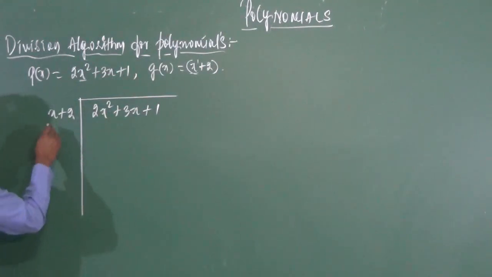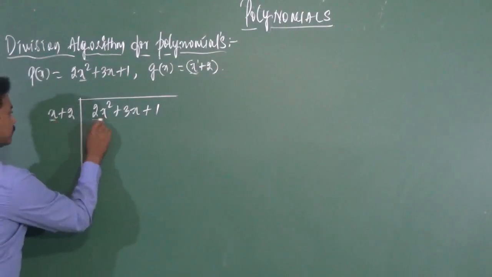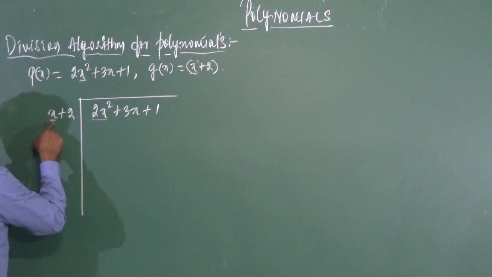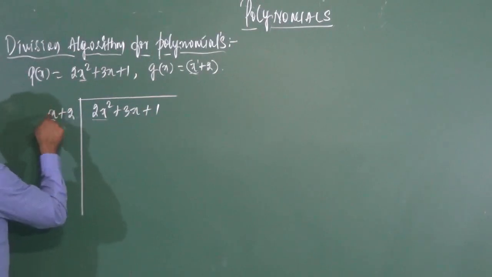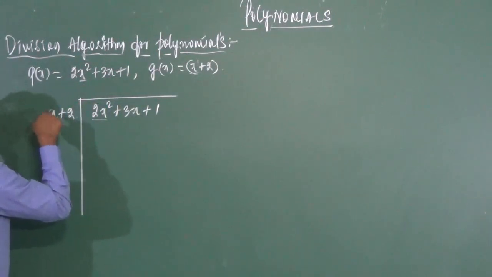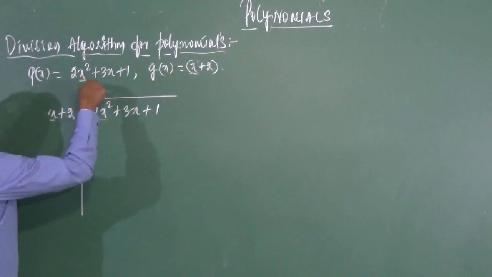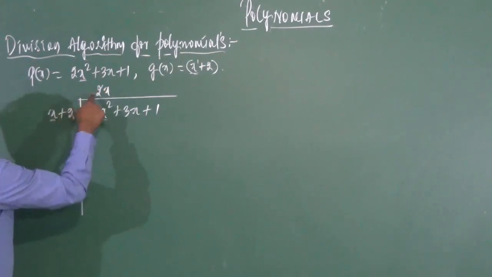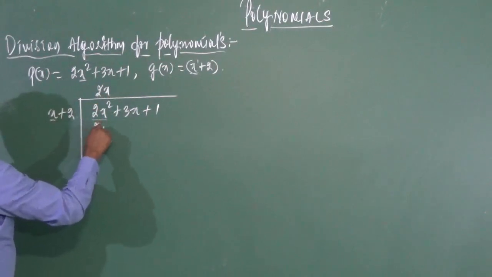Now take up the first term. Here we have 2x square and here we have x. What should be multiplied to this x to get 2x square? I have to multiply that by 2x. x into 2x is 2x square.